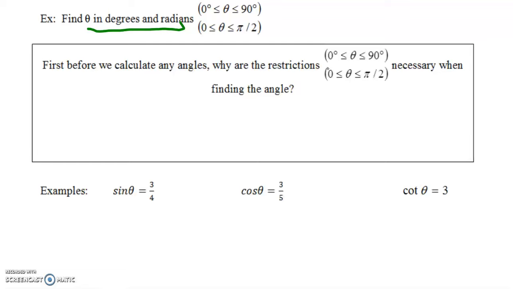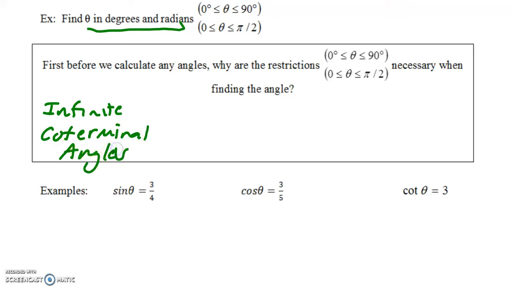Well, as you know, when you're dealing with a unit circle or a coordinate plane, there are infinite coterminal angles.